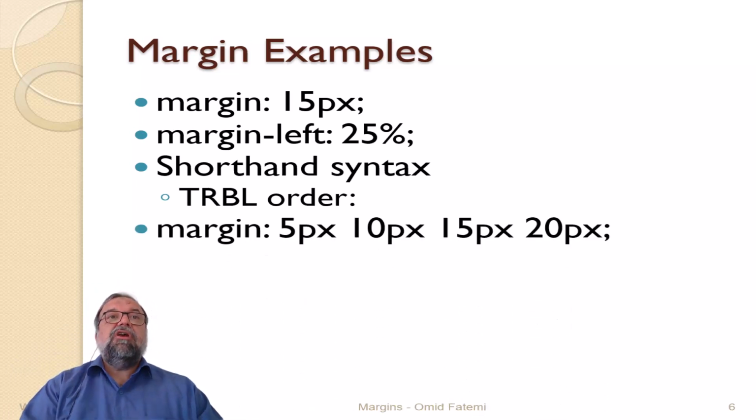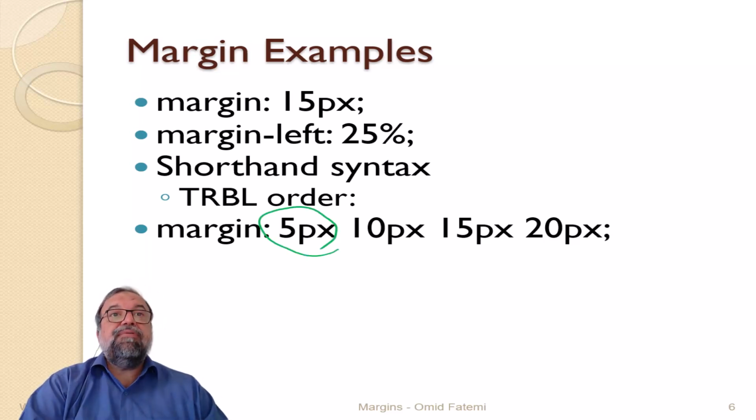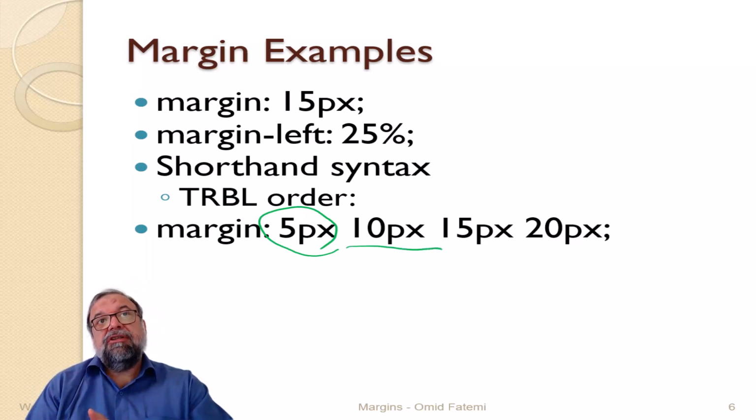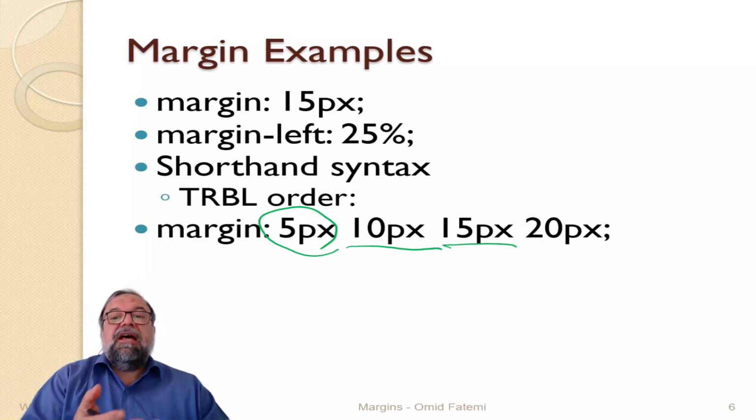For example, margin: 5px 10px 15px 20px; means we are using 5 for the top margin, 10 for the right margin, 15 for the bottom margin, and 20 pixels for the left margin.